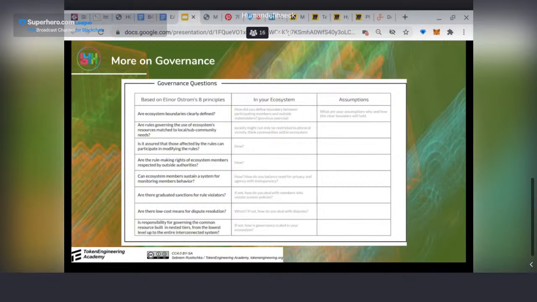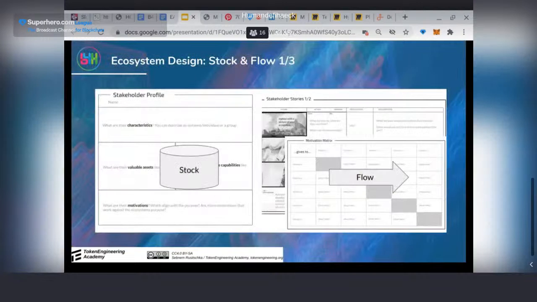This is basically a requirement. If you are willing to design a complete ecosystem, governance is something that should be your main focus and attention. Have a read of this, and we are almost finishing, guys.